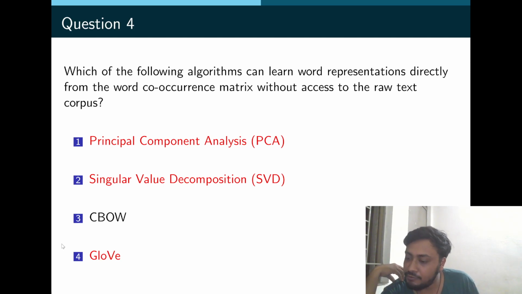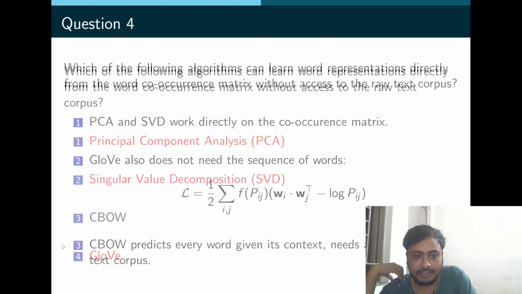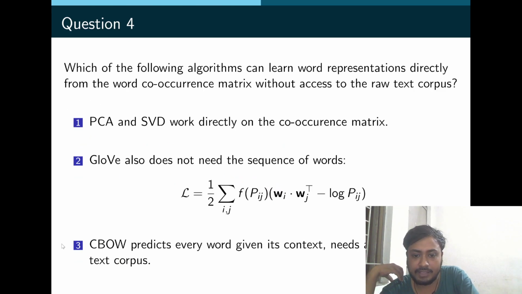For GloVe, obviously you can feed in the raw text corpus, but then you have to calculate the co-occurrence, because this is the formula, using Pij.